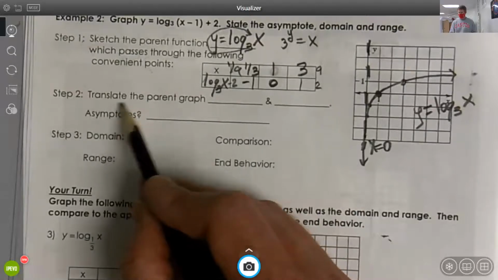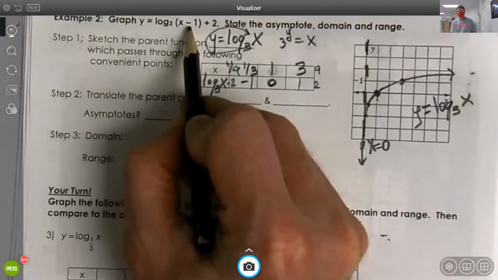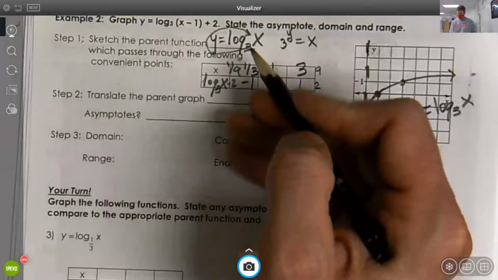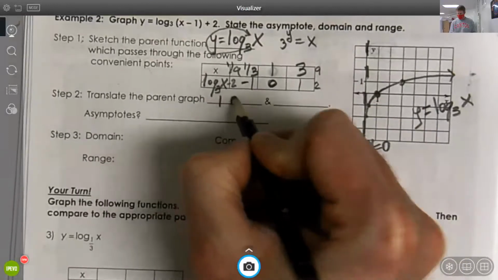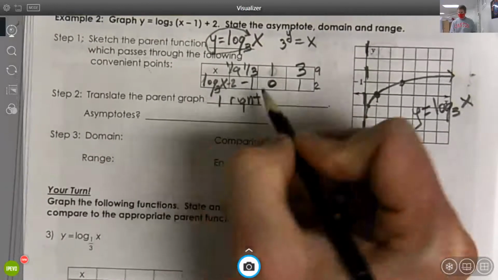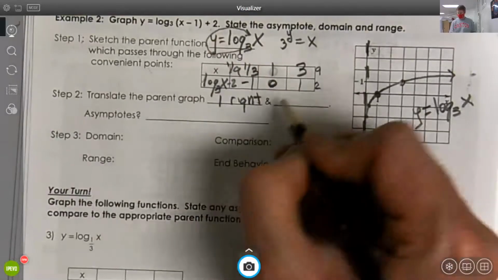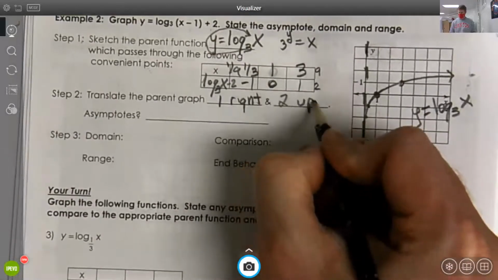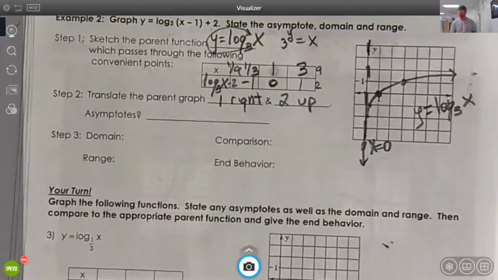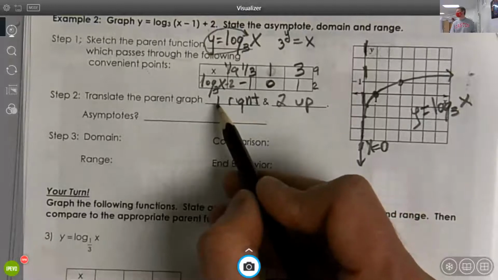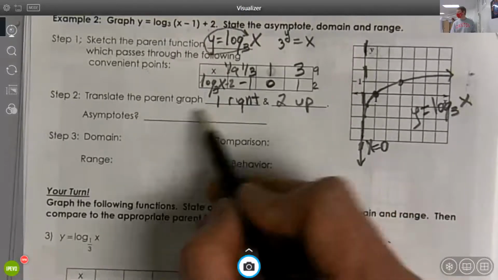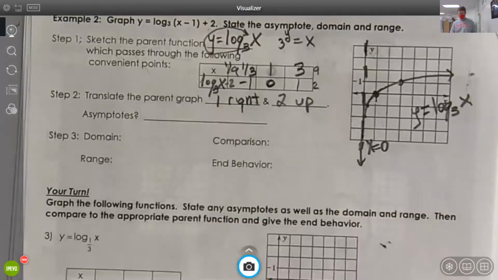So we're going to translate 1 to the right and we're going to translate 2 up. So that's going to make our asymptote wherever the h value is. We can predict that right now, or we can graph it first.